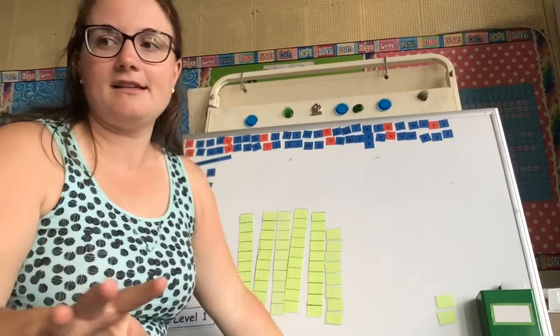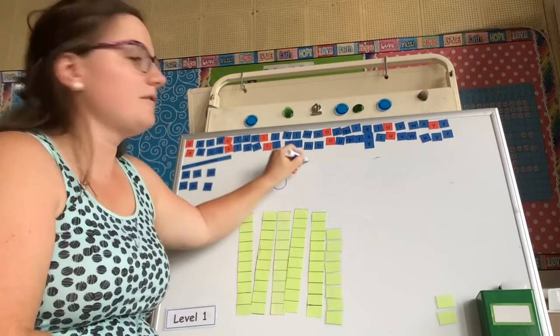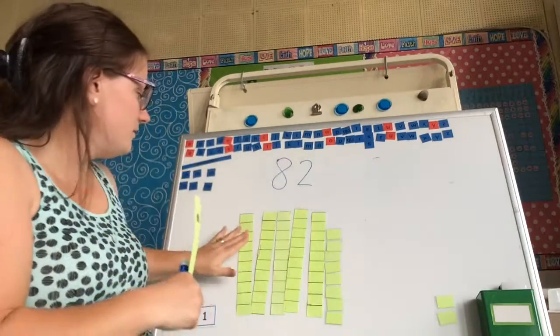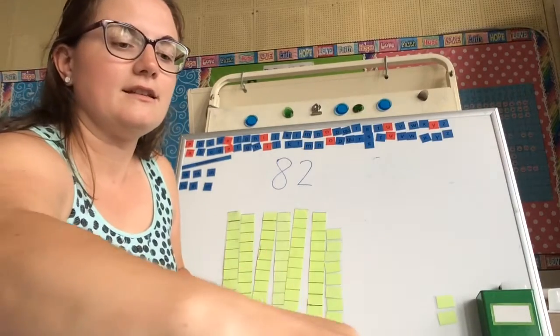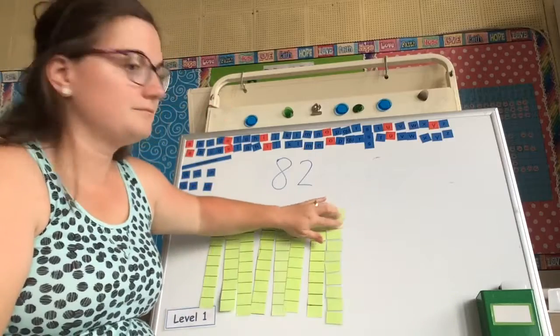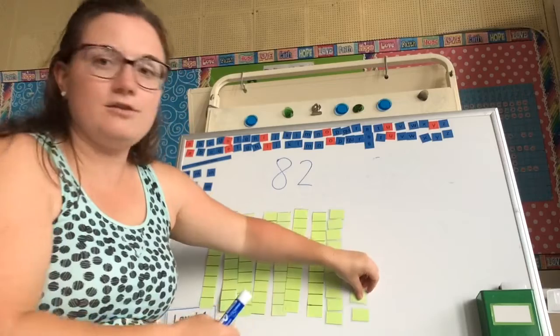Okay, so let's do, can you say this number out loud? 82. Let me get my 82 here. Okay. So I've got my 82. Can you see those?